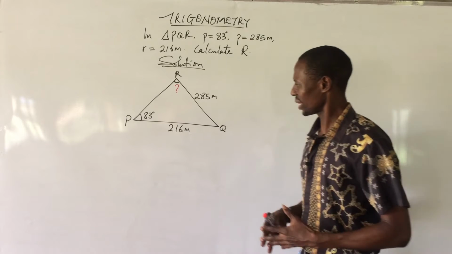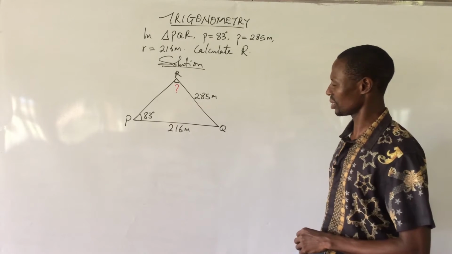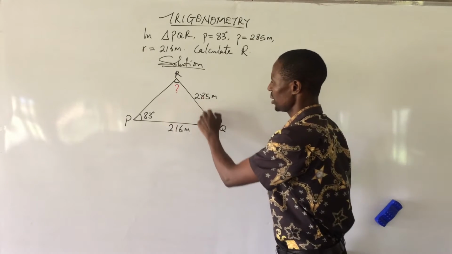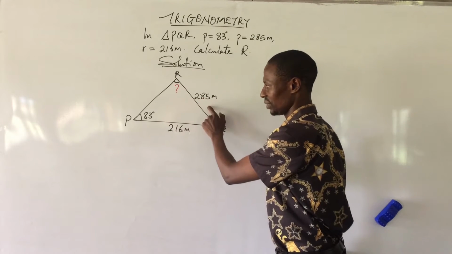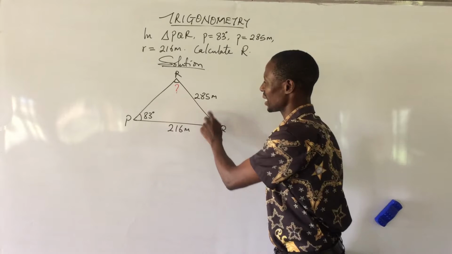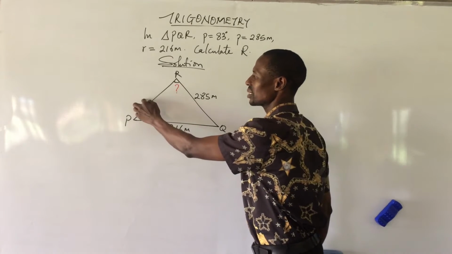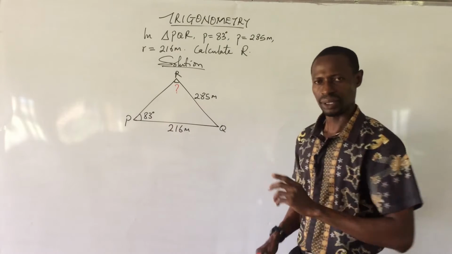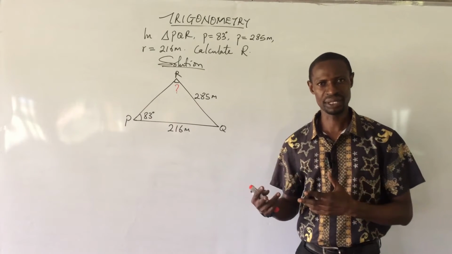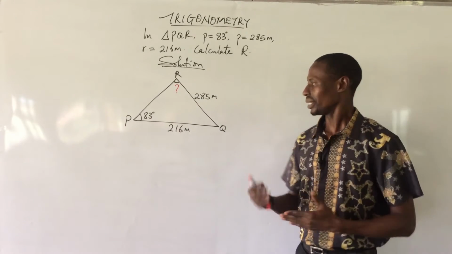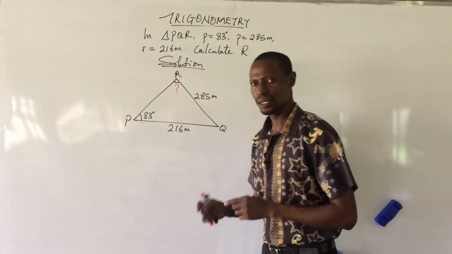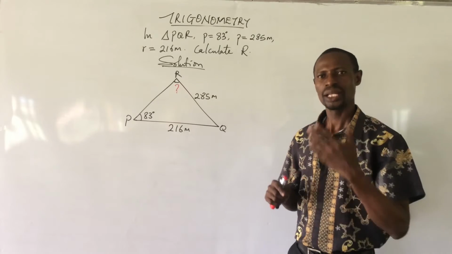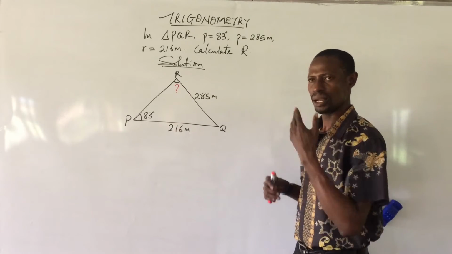Now, taking a good look at this triangle, we have one angle given, and two sides are also given. But the two sides that are given are not the sides of this included angle. I produced a video on bearing and distances where I explain when to use the cosine rule and when to use the sine rule.